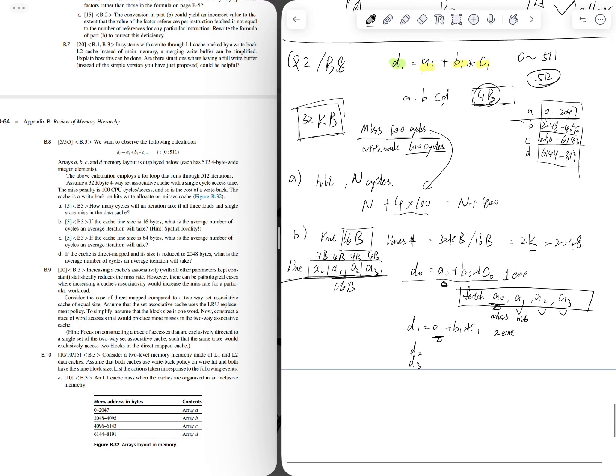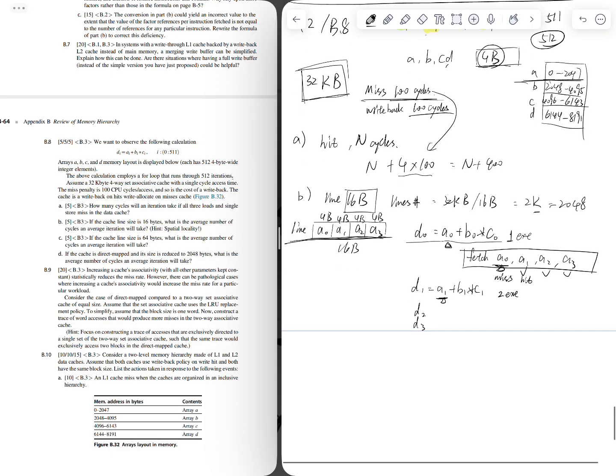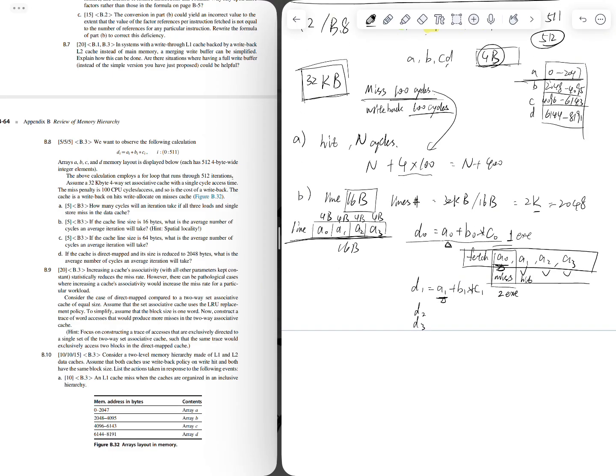Since our blocks are big enough, we have just one miss per 4 iterations.